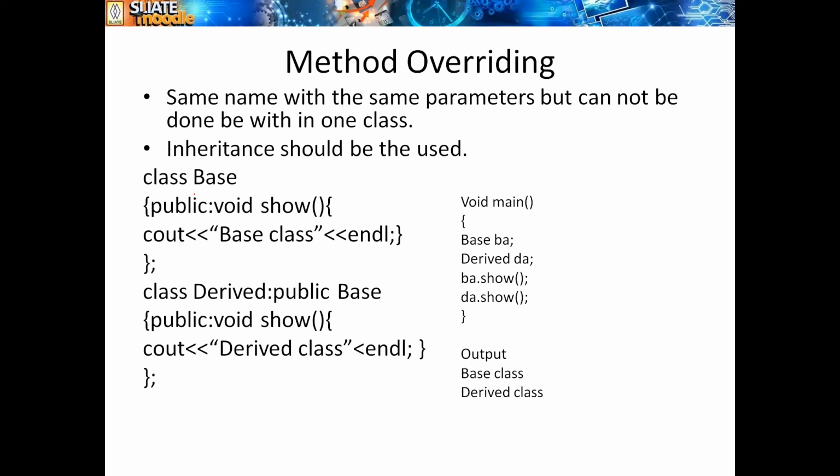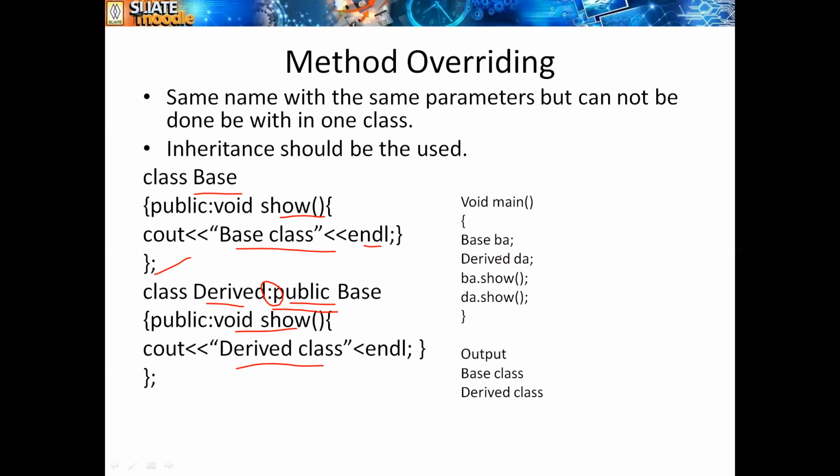Class Base, public void show, write a small output and end it. After closing the class, a new class, Derived, inherits from Base, with the same void show method, right? The same show method is implemented in two classes.